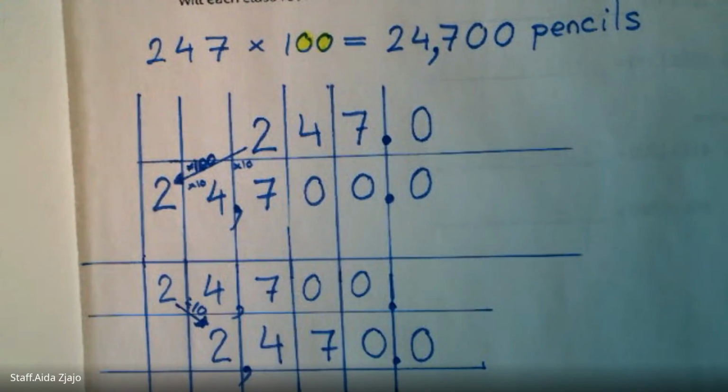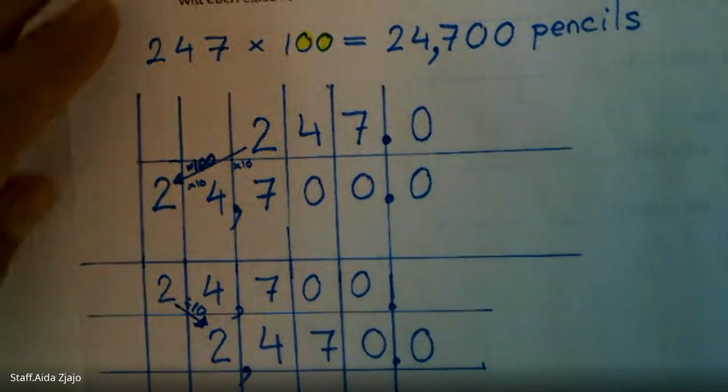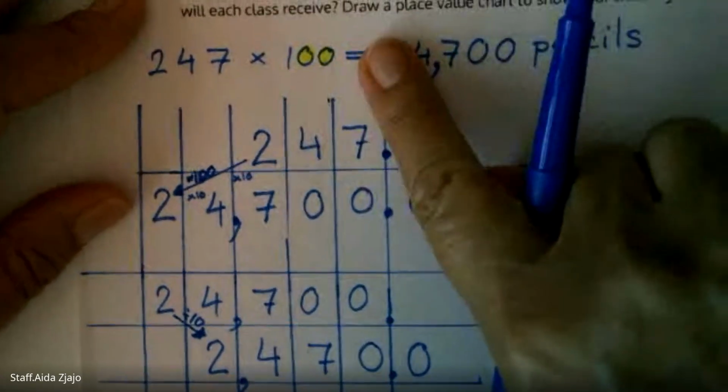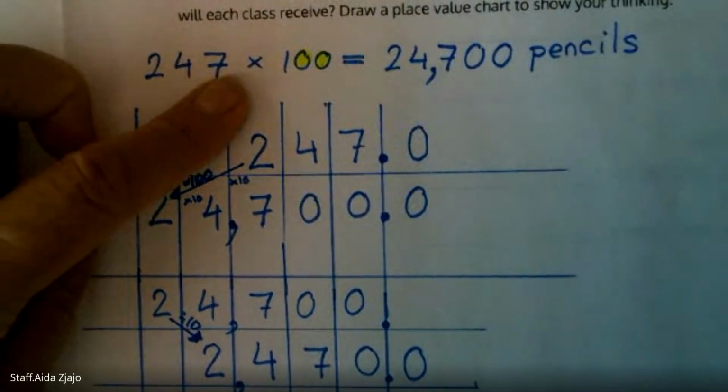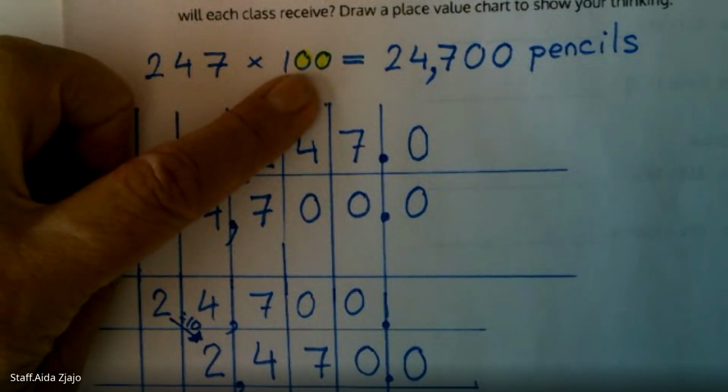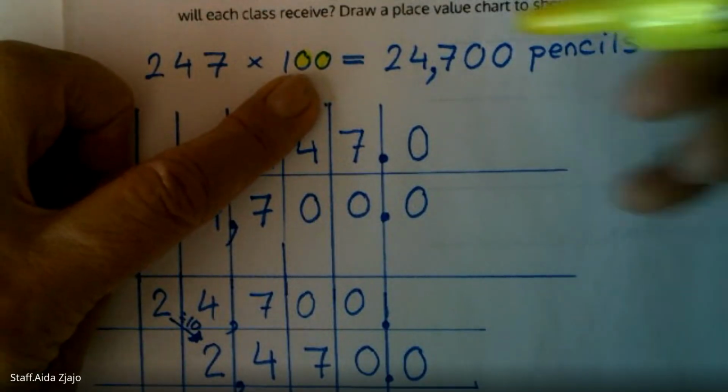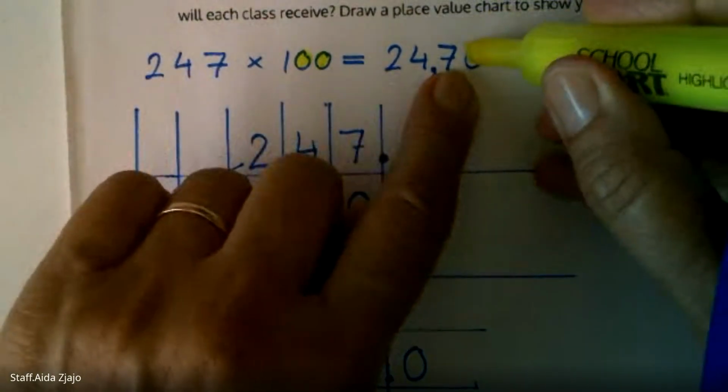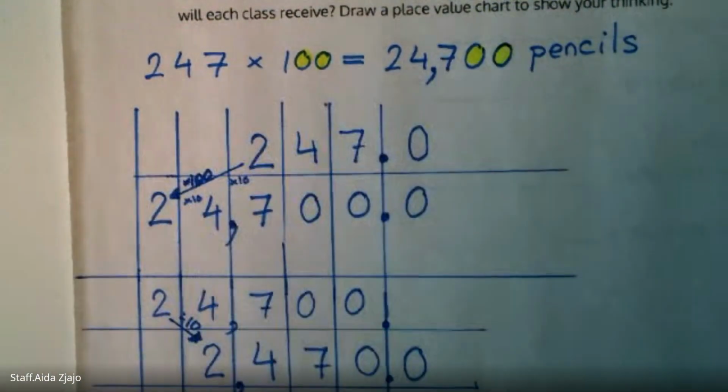If we look at how this could be done, just like I did here, the number 247 gets 100 times bigger and gains 2 zeros.